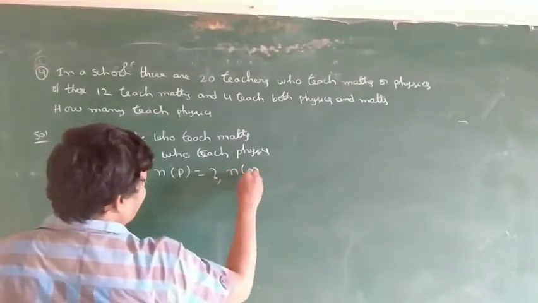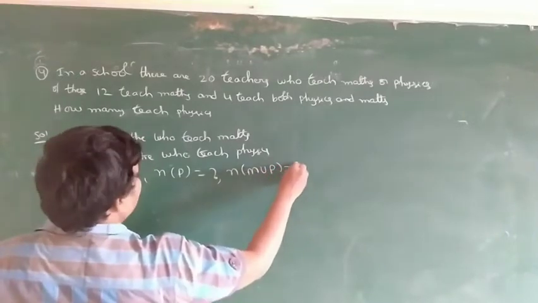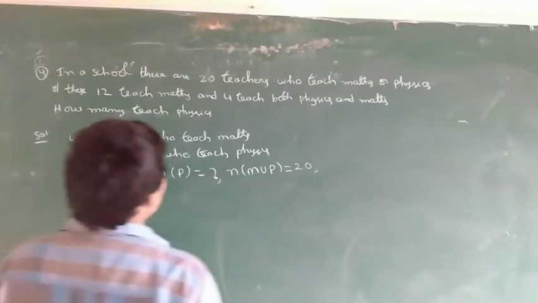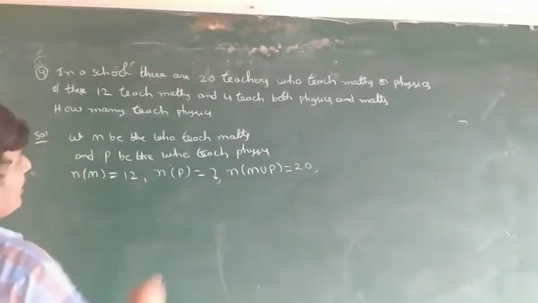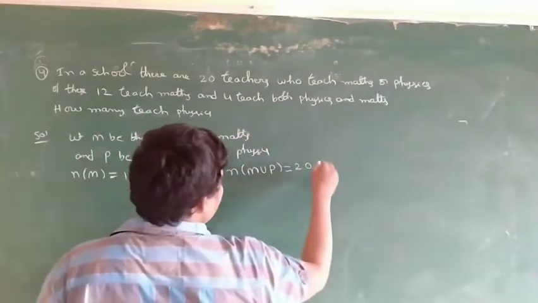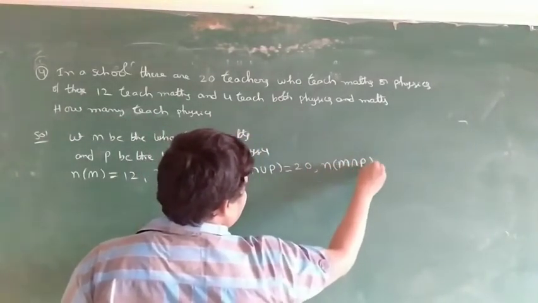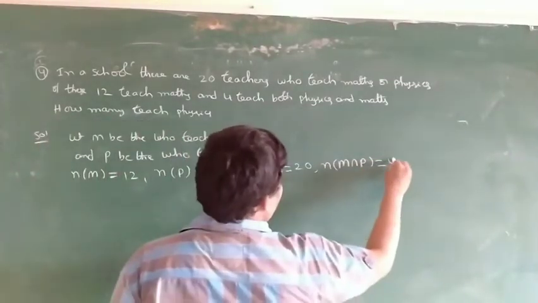N of M union P, maths or physics, is equal to 20. 12 teach maths, and 4 teach both physics and maths, where and means intersection, so it is 4.